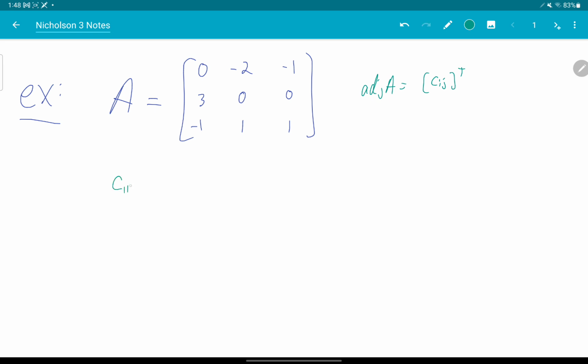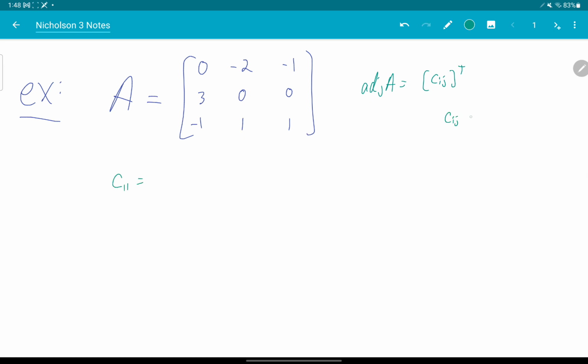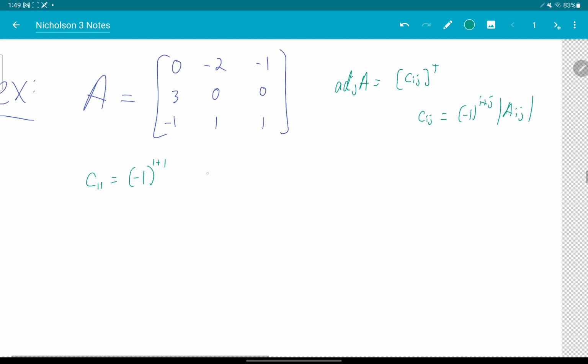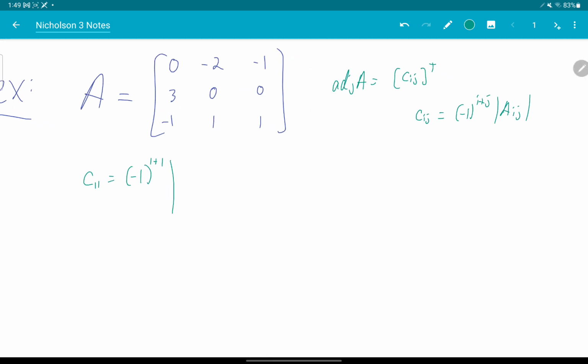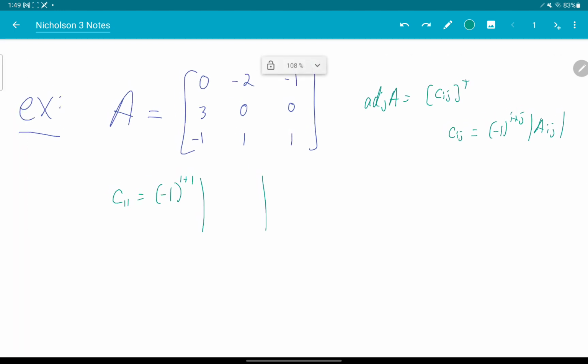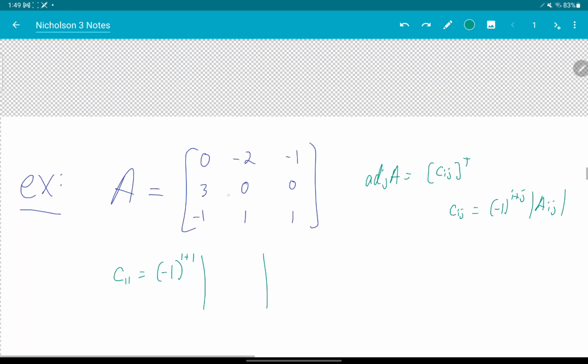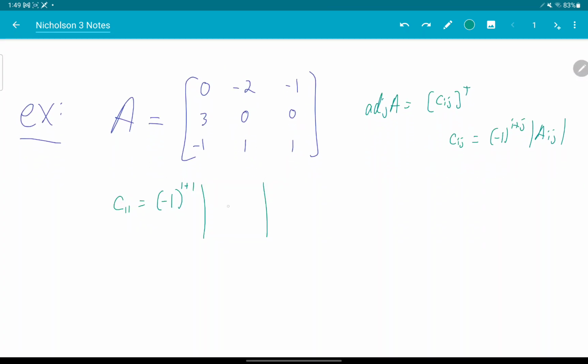So C11. To remind you, the formula is Cij is -1 to the i plus j times determinant of Aij. So C11 would be -1 to the 1 plus 1, and then it's the determinant of this Aij thing. In this case it's going to be A11.